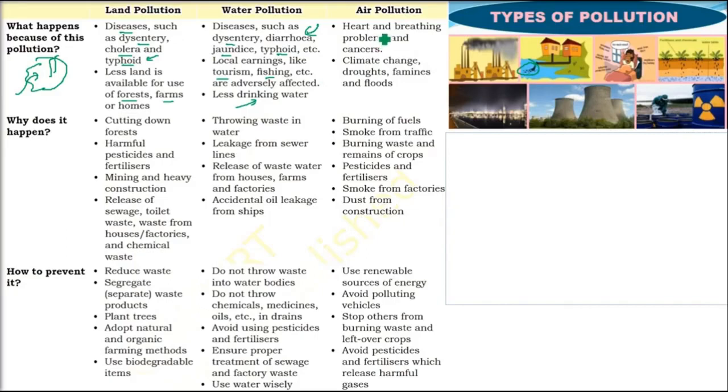See, air pollution: you and I are both involved in all this pollution. We need air to breathe, so all the respiratory problems are growing, and kids are getting asthma. People are getting cancers also, lung cancer. Air pollution also affects climate change.